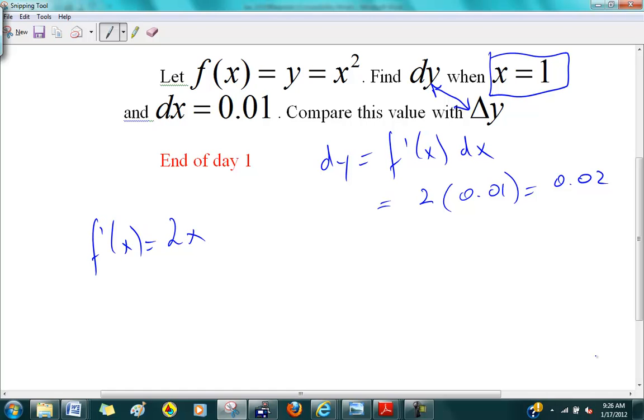You want to compare this to delta y. Delta y is the actual change. So the way you do that is you know your x value is changing from 1 to 1.01, so you're going to do f of 1.01, minus f of your original x value, which was 1. Okay? So can you go chug this on your calculator and come up with an answer for me, please?